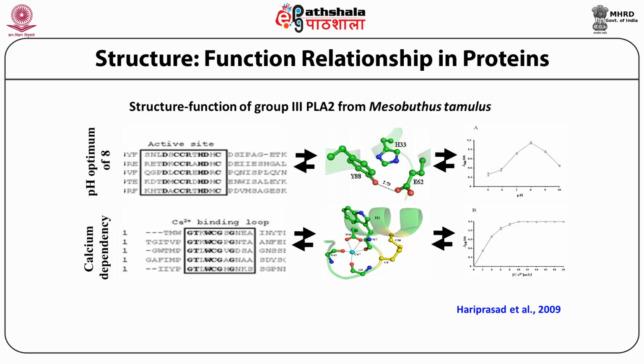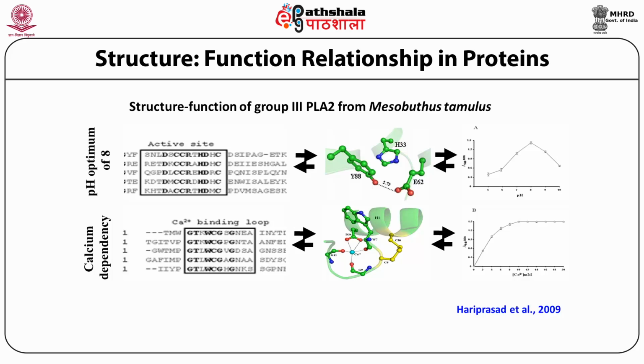Therefore, it is quite evident that the participation of histidine, which is seen in the primary sequence and at the three-dimensional structure level, is inherently active at the optimum pH of 8. Therefore, we see a two-way relationship between the sequence of the protein, the three-dimensional structure, and the functional outcome of a particular protein.